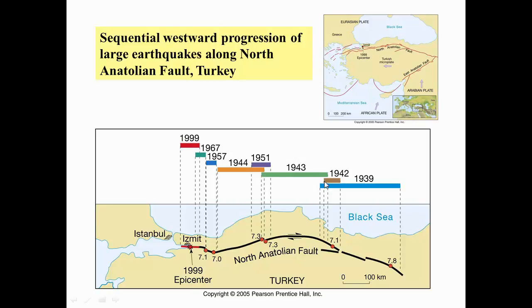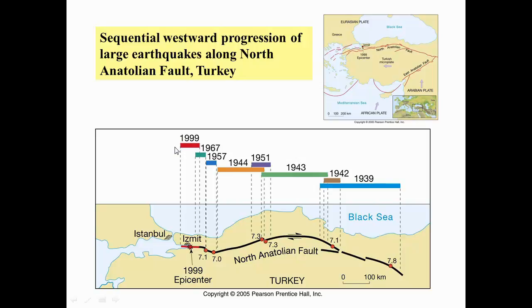And then in 1942, the segment further west was affected. Notice that overall, the segments progressively further to the west have been affected by more recent earthquakes, so that what's happening is that the slippage along the North Anatolian Fault is progressively advancing westward over time.